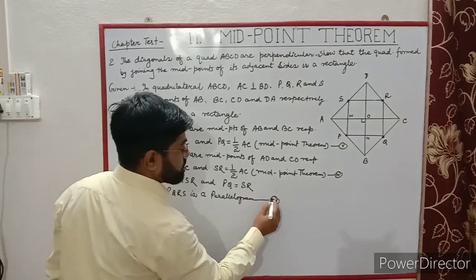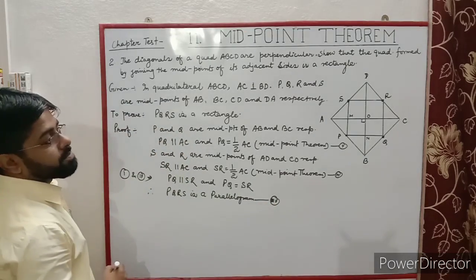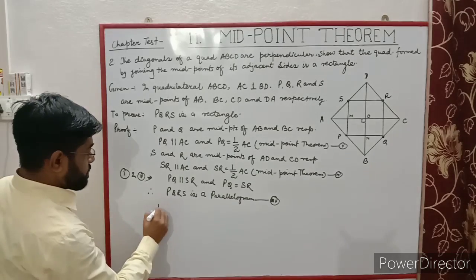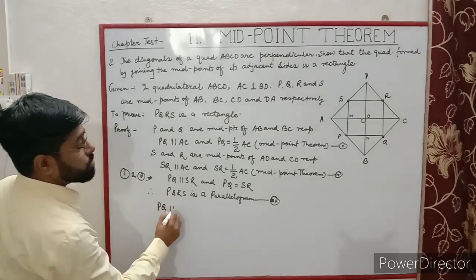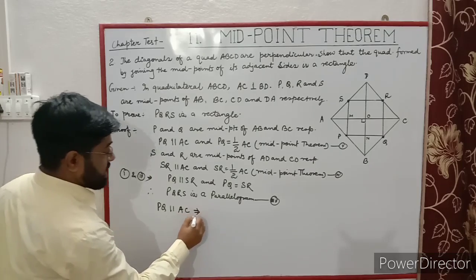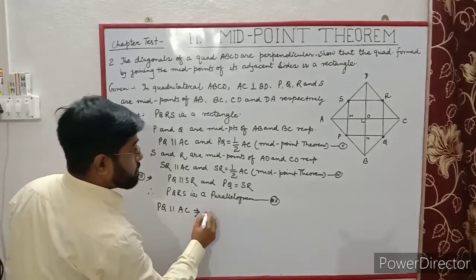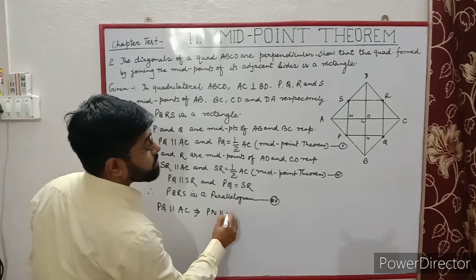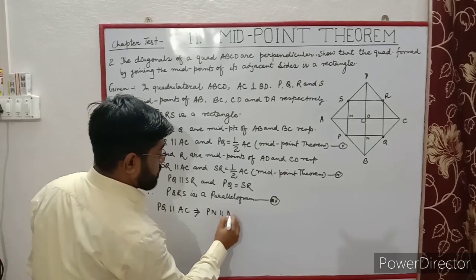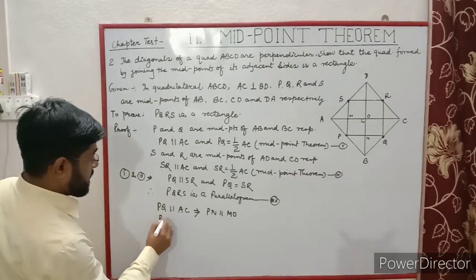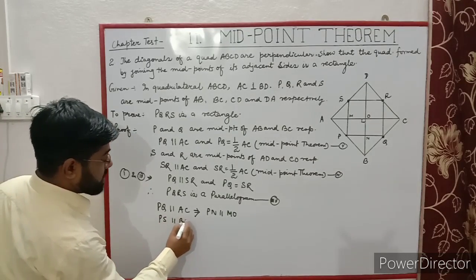Now PQ is parallel to AC. We can say that PN is parallel to MO and PS is parallel to BD.